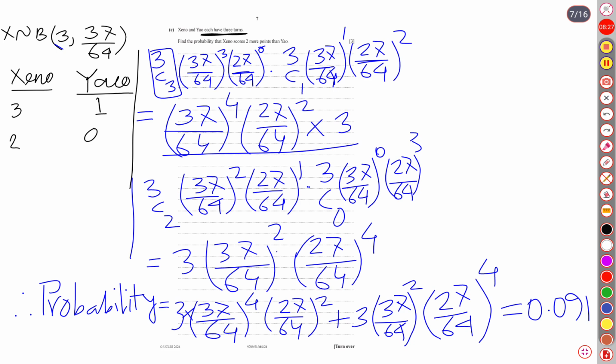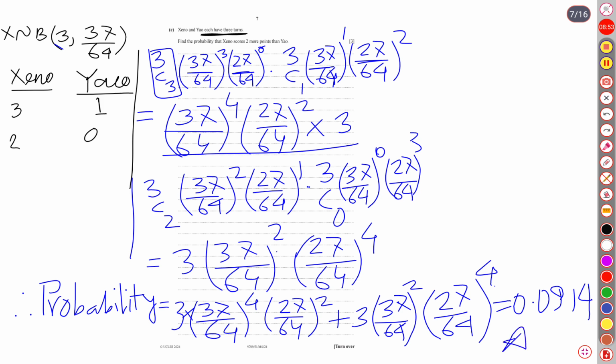Can I write just below this? It is equal to 0.099141 and 4.